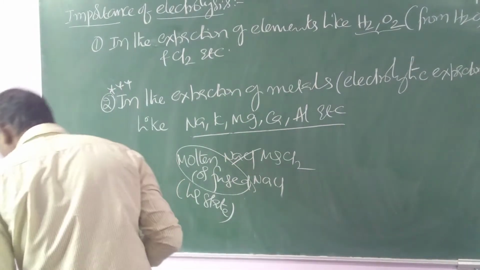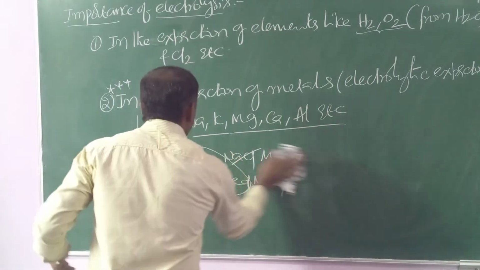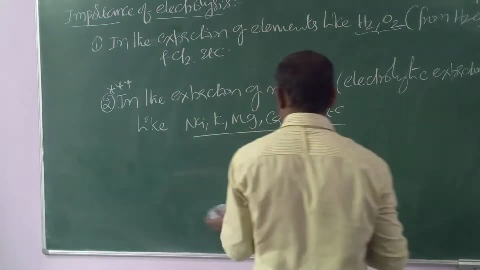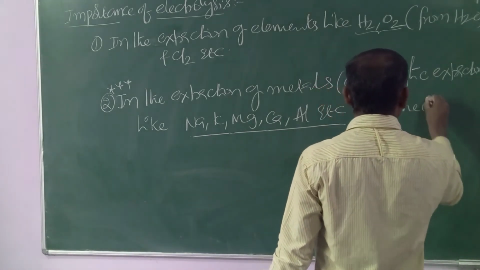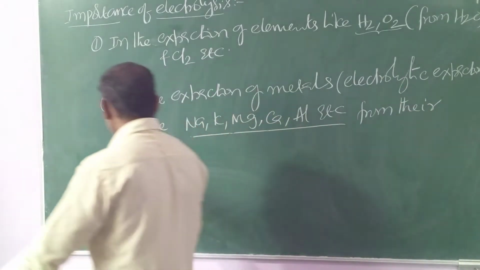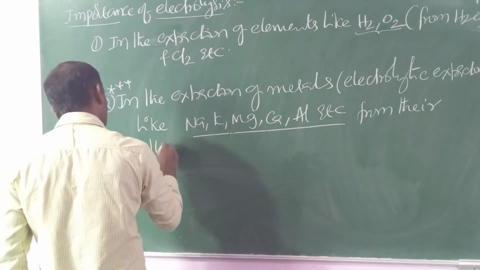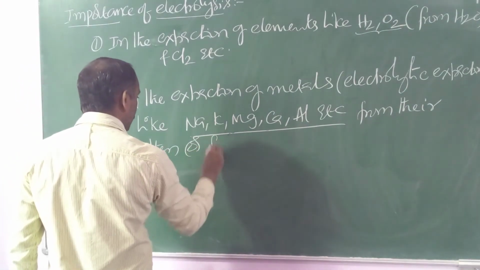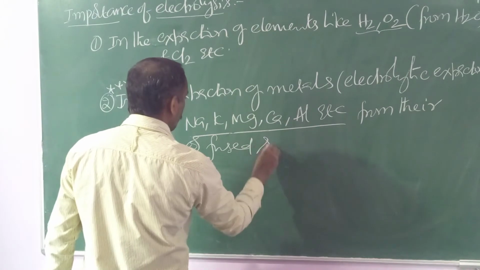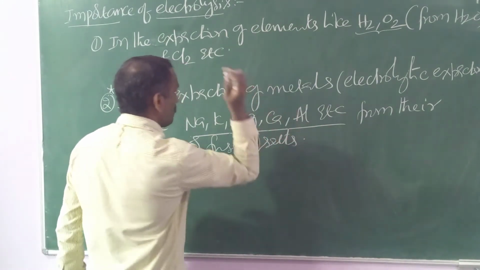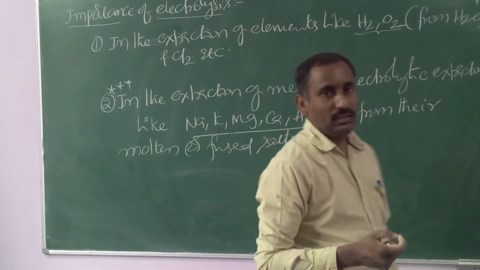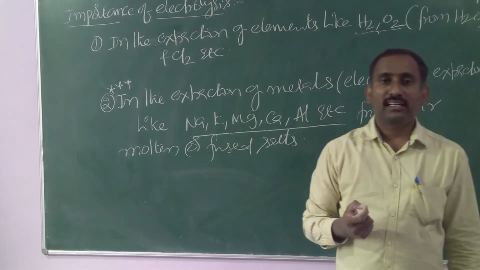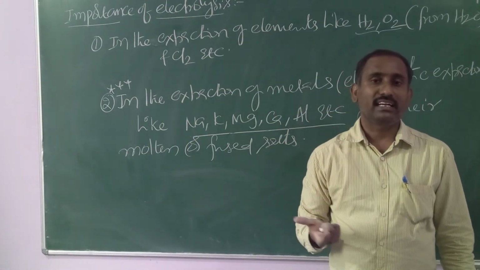In the extraction of metals like sodium, potassium, magnesium, calcium, aluminium, etc., we use molten or fused salts. In the textbook there is a question: give the list of metals which are extracted electrolytically.